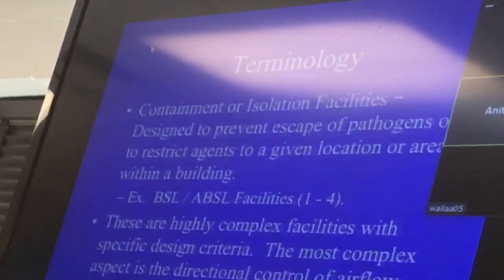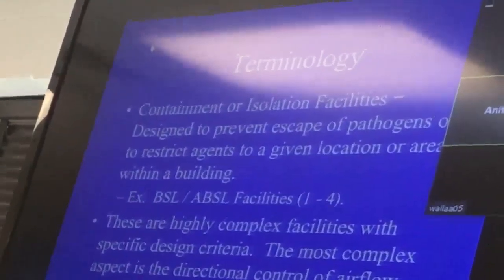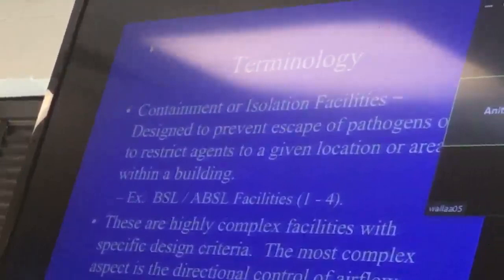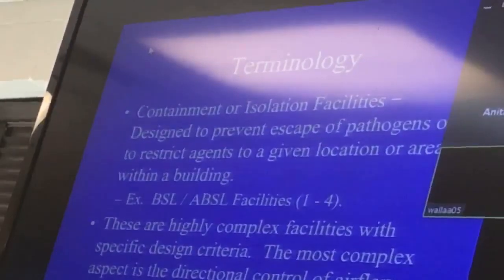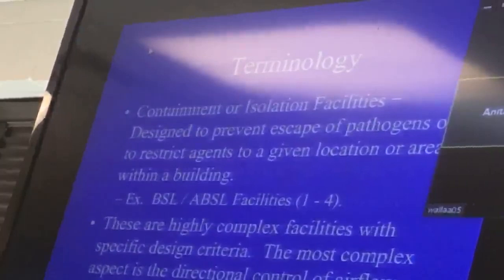And before I go into containment, so when you talk about the types of animals that are housed in the facility, which also impinges upon this whole concept of barrier, one of the terms you will hear is pathogen-free or specific pathogen-free, SPF.